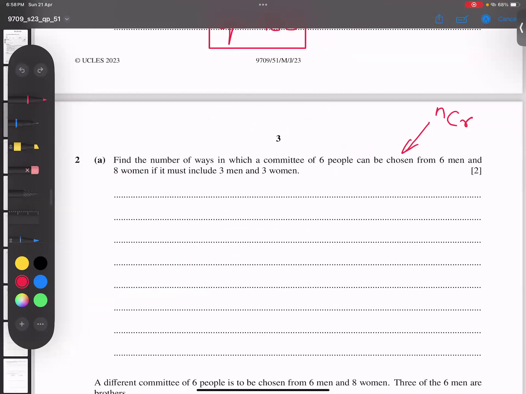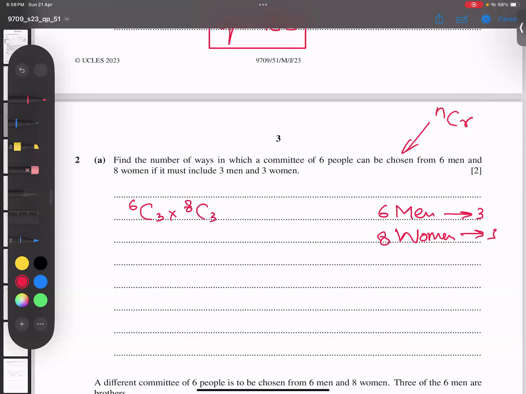Men are total 6, and women are total 8. But we have to select a committee of 6 people, and it must contain 3 men and 3 women. So I need 3 from here and 3 from here. So it is a very simple 6C3 times 8C3.